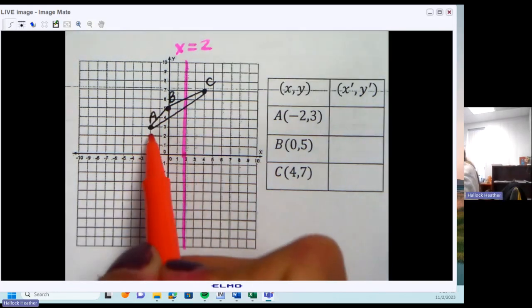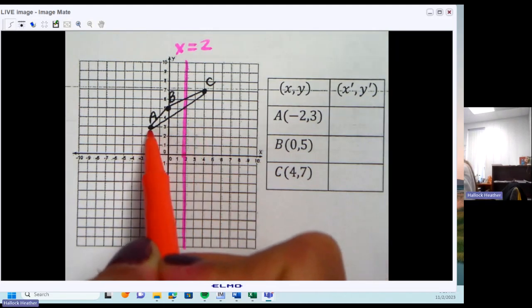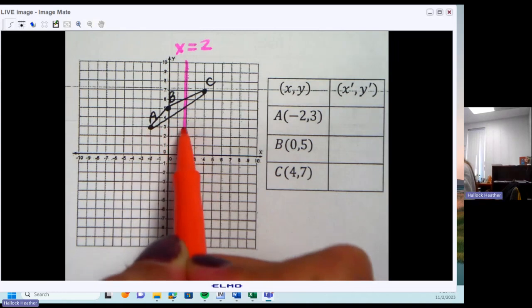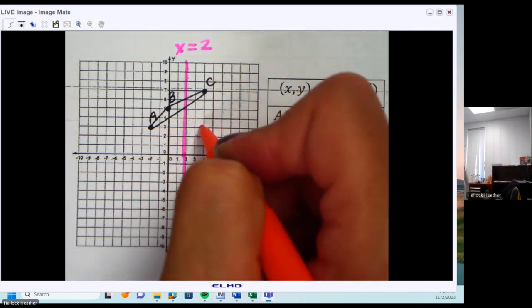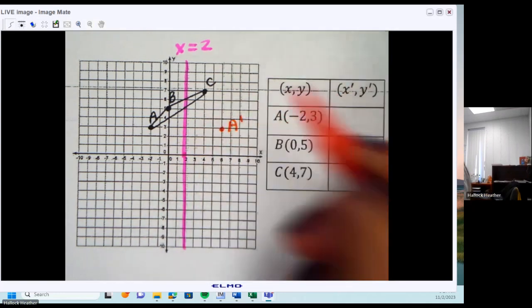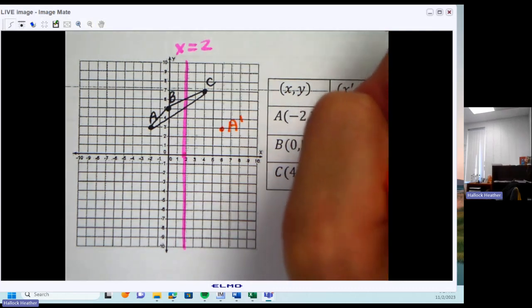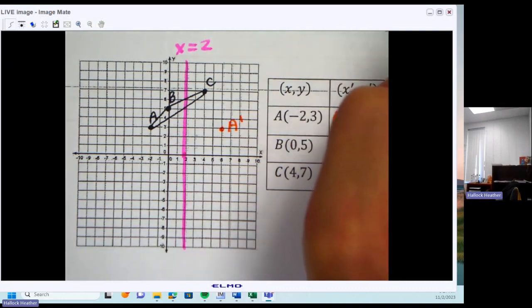If I look at A first, from the line of reflection, how many to the left did A have to go? 4. So now I'm going to go 4 to the right. A prime ends up at 6, 3, right?